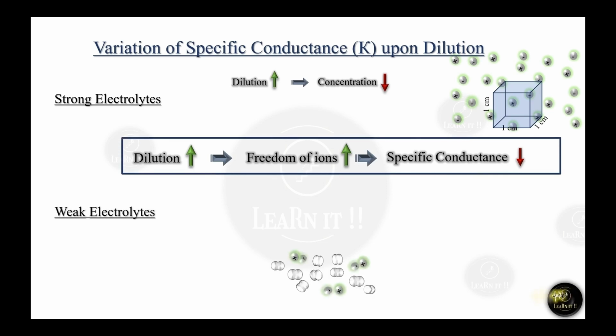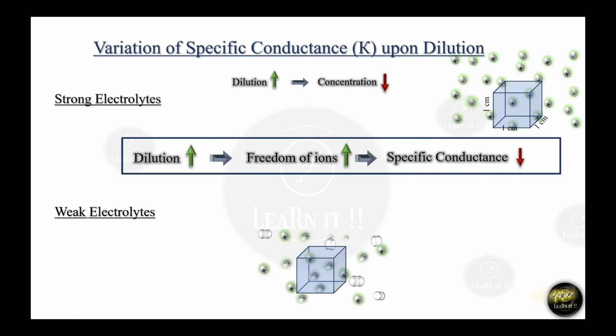With respect to weak electrolytes, this is a weak electrolyte because it undergoes partial dissociation. Upon dilution, the degree of dissociation or number of ions increases, but we don't know by how much the number of ions has increased.